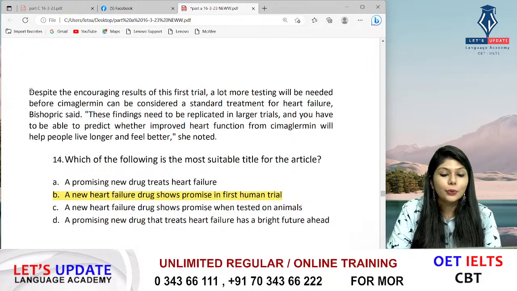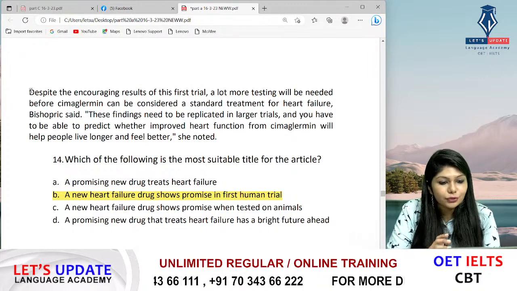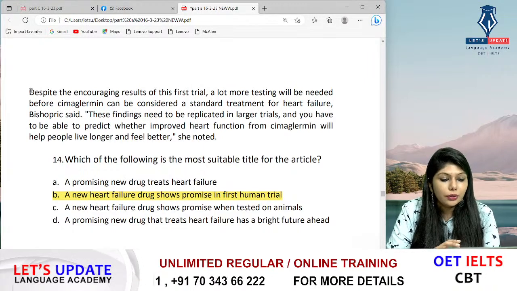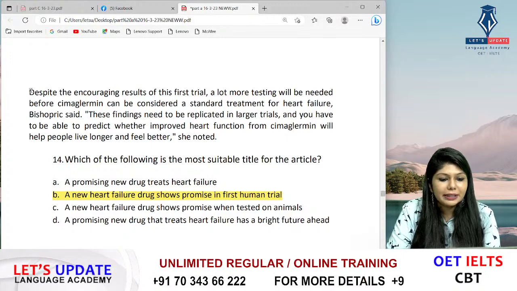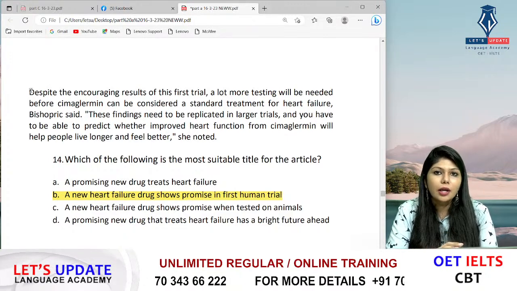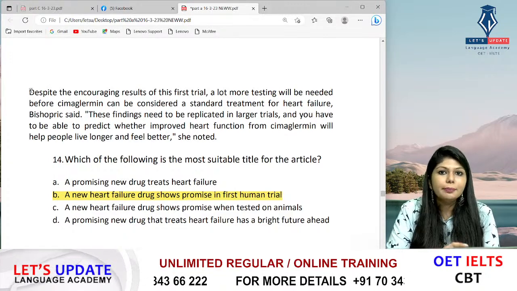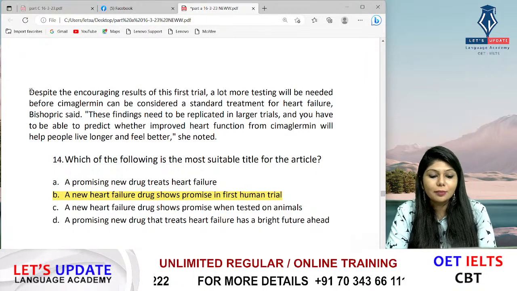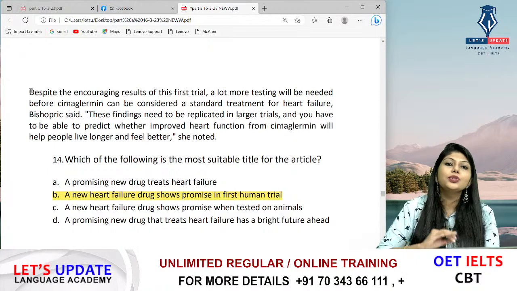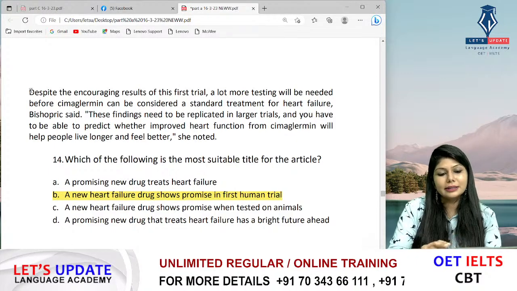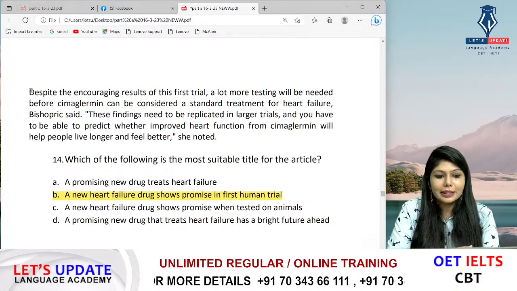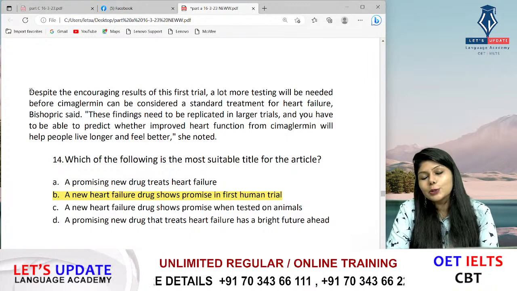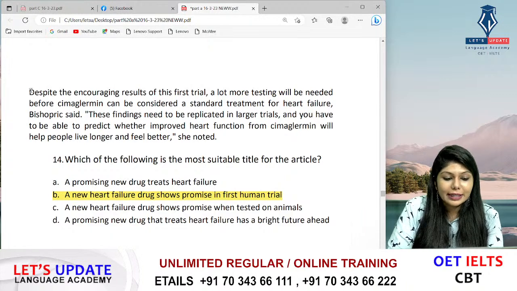It's still undergoing trials, and they are still seeing how good it is, and they are trying to predict whether improved heart function will be there, and whether people will be able to live longer and feel better. So nothing is confirmed, so you cannot say that it will treat something unless it is finally proven, unless they say so. And that is why your correct answer should be B.